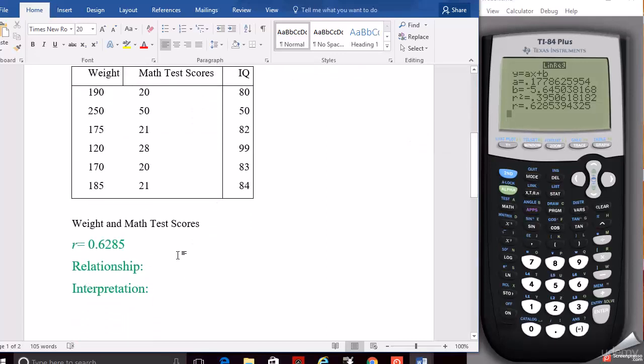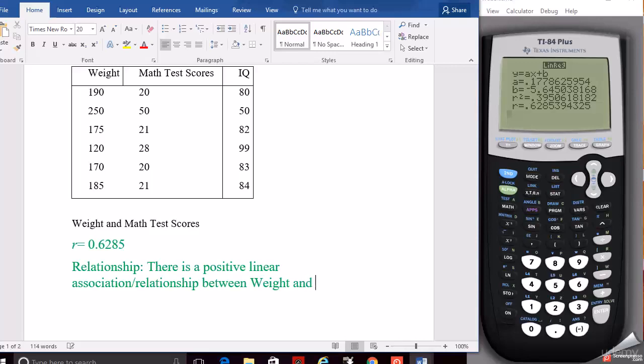It means that there is a positive linear association or relationship between weight and math test scores.